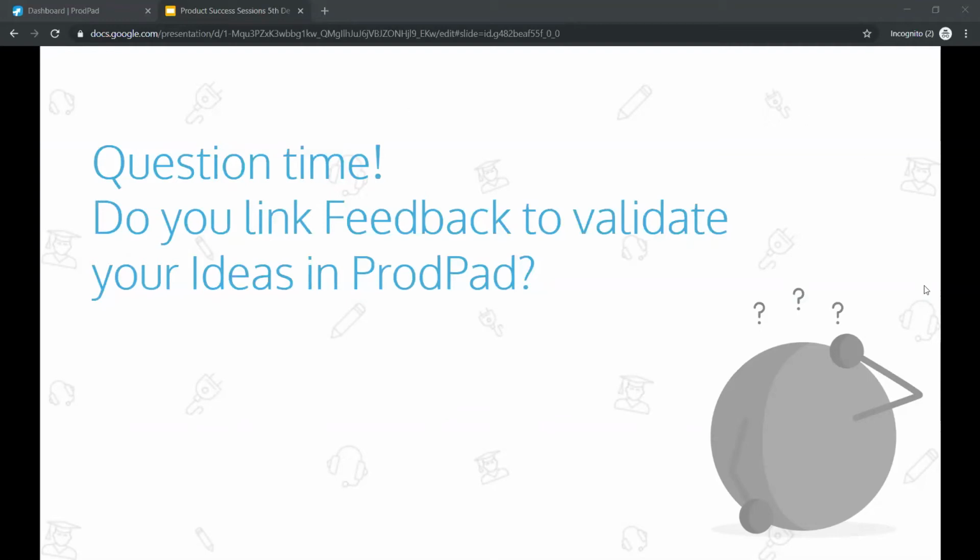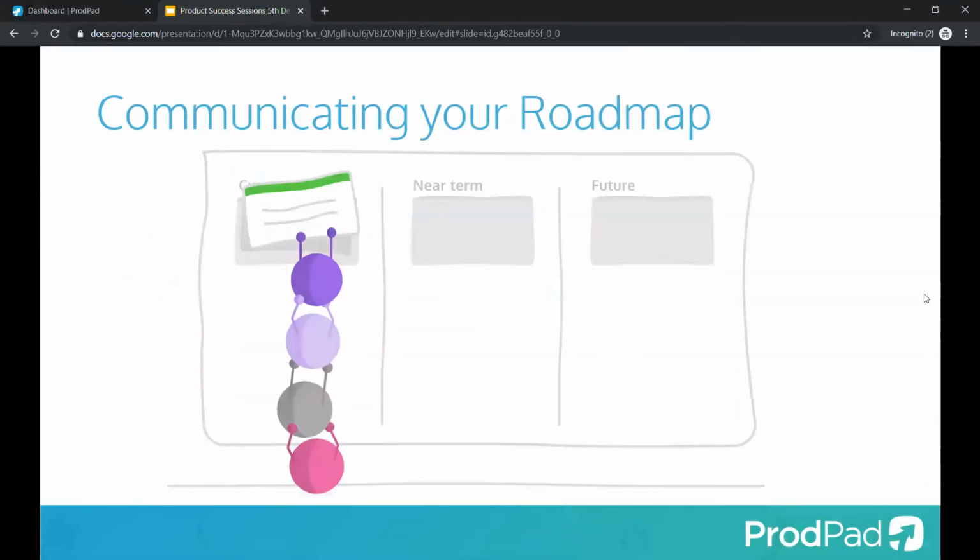Yep. So speaking of roadmaps, I think one of the key problems that a lot of customers coming to us when they're starting on their ProdPad journey are trying to solve is around communicating the roadmap. So having a transparent and easy to understand roadmap.